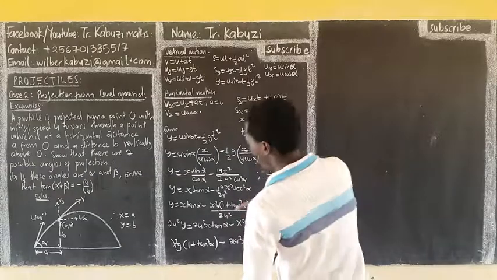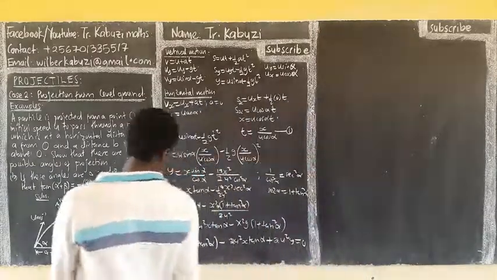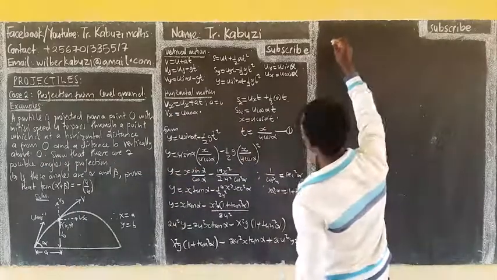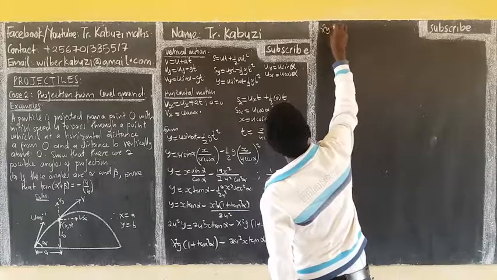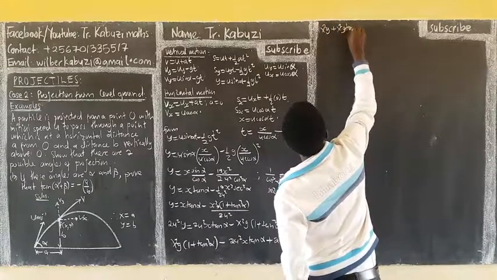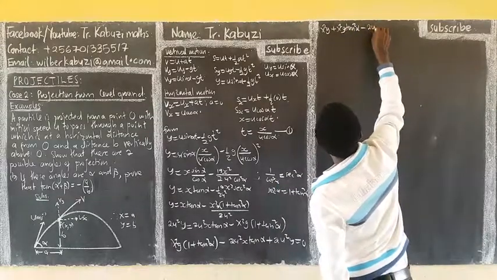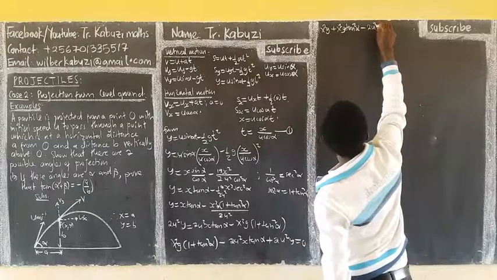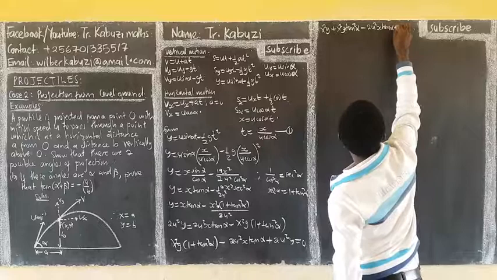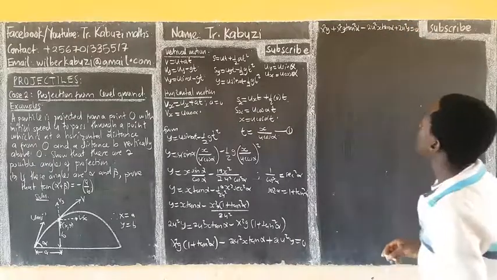If you open brackets, we shall have x squared b, then plus x squared b tan squared alpha, then minus 2u squared x tan alpha, then plus 2u squared y equaling 0.